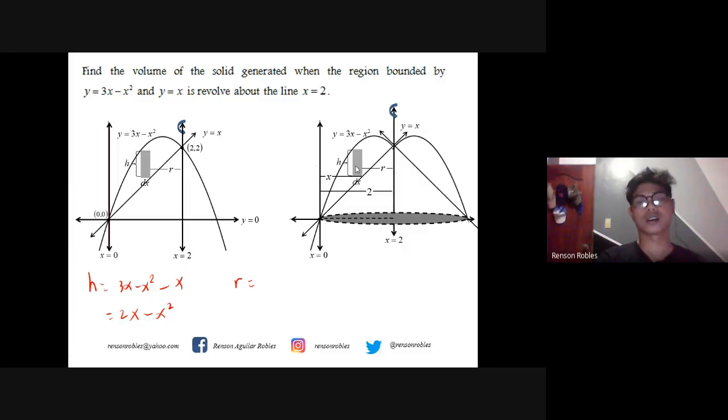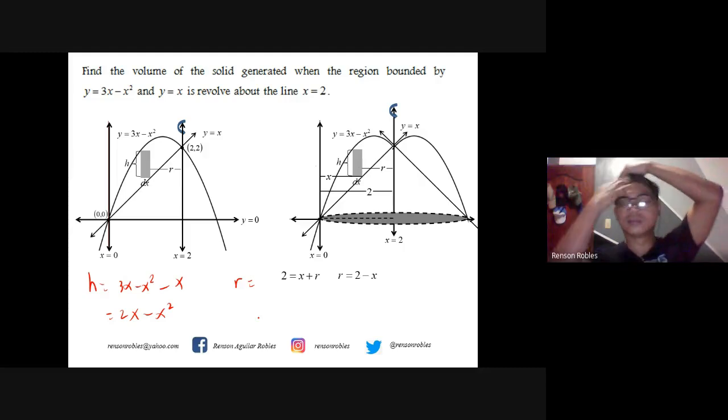So what is your r? 2 equals x plus r. Therefore, r equals 2 minus x. Okay? You get it right? Hello? Yes po. Any question, clarification, if there is? None? Shall I proceed? Wala naman po.